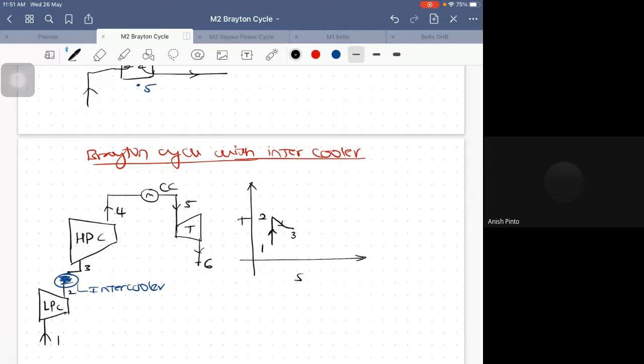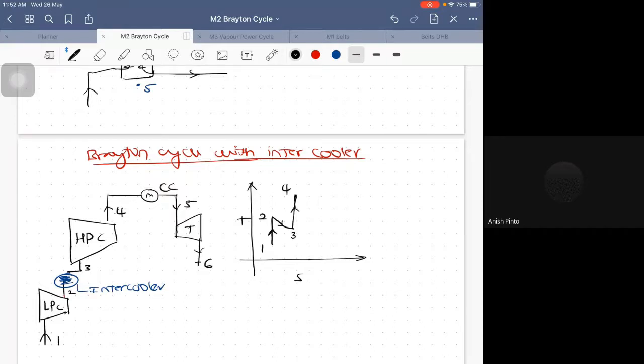From 3, it is again compressed using a high pressure compressor up till the state 4. So up till state 4 it is being compressed. You can observe here.